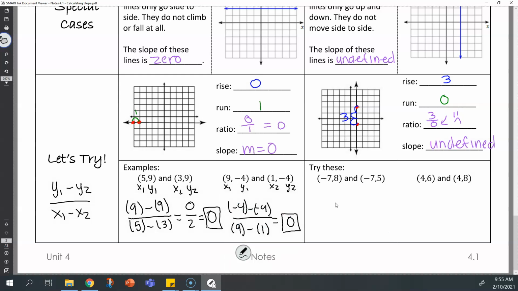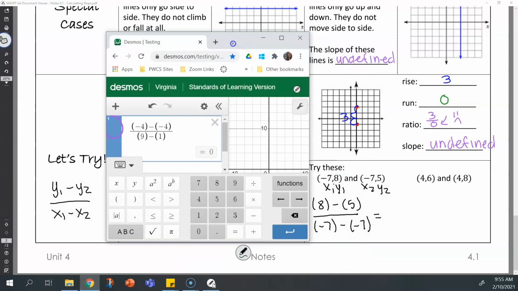So if I have x1, y1, and x2, y2, I can plug that into my formula, y1 minus y2 over x1 minus x2. And when I put that into Desmos, 8 minus 5 over -7 minus -7, it will say undefined.